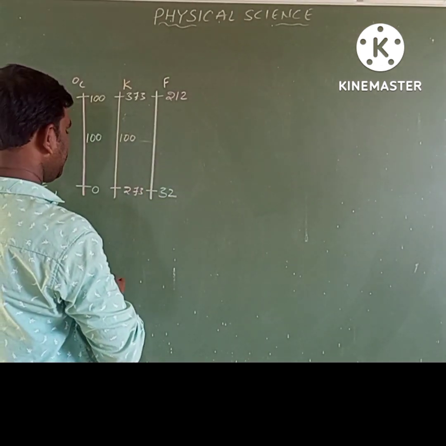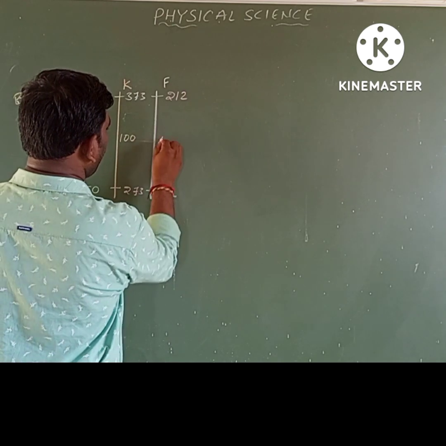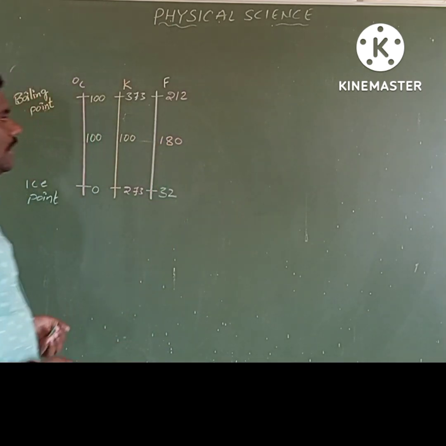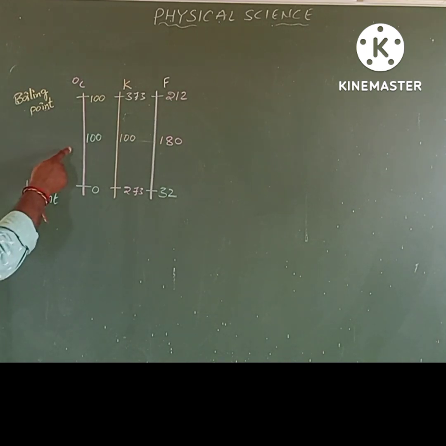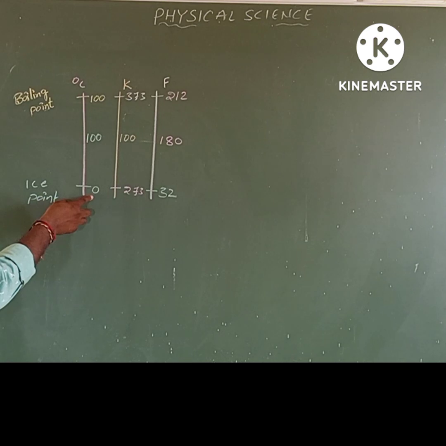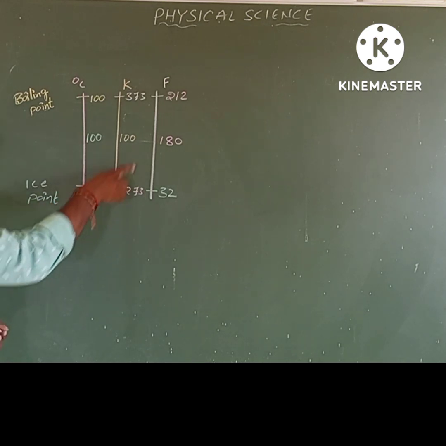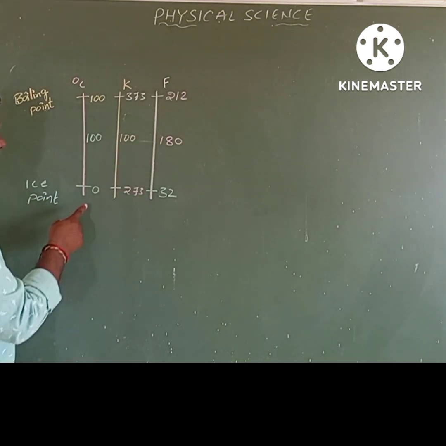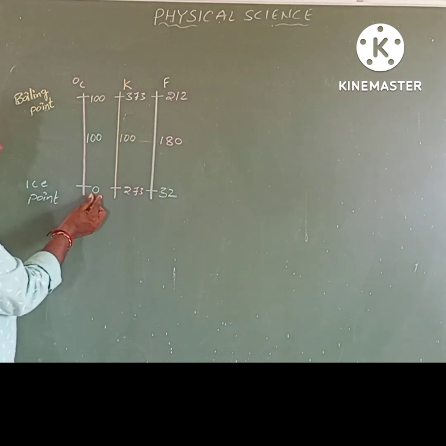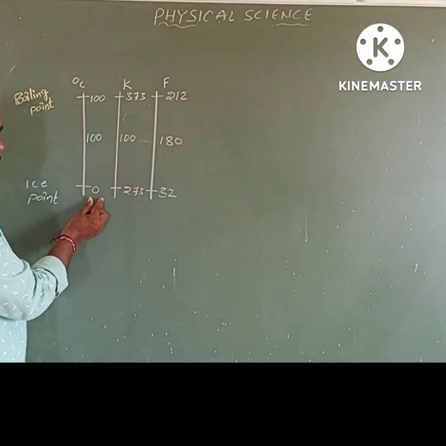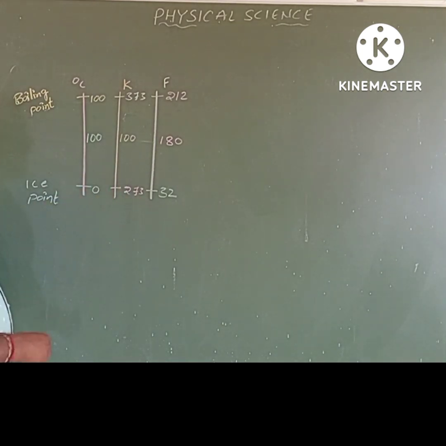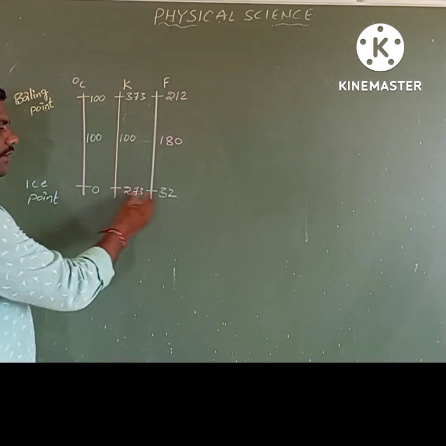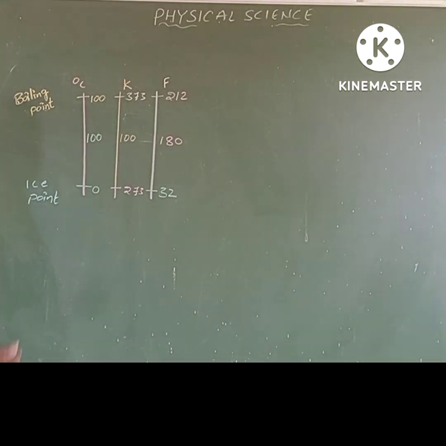So these are the temperature scales of degree Celsius, Kelvin, and Fahrenheit. The lowest point is 0 in Celsius, 273 in Kelvin scale, 32 in Fahrenheit. So 0 degree Celsius is equal to 273 Kelvin, and also 0 degree Celsius is equal to 32 Fahrenheit.